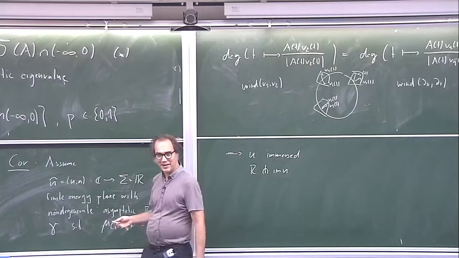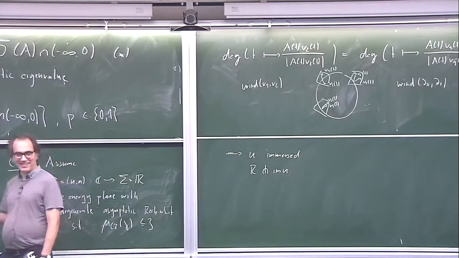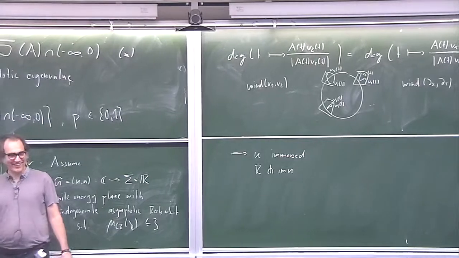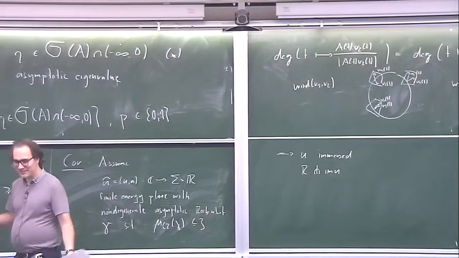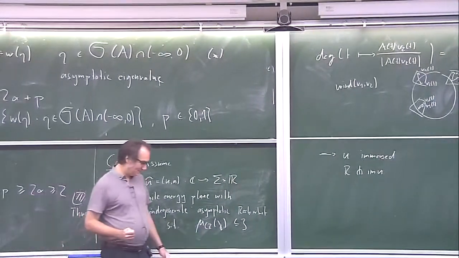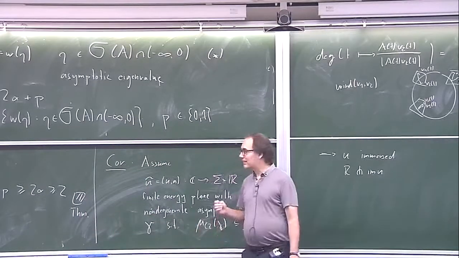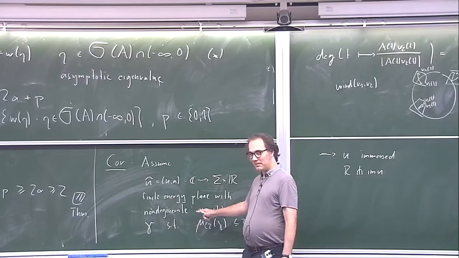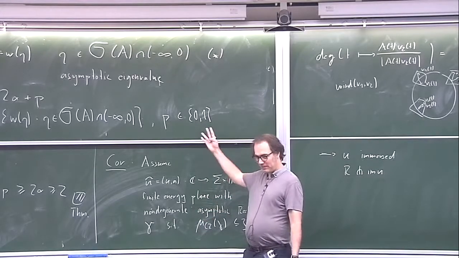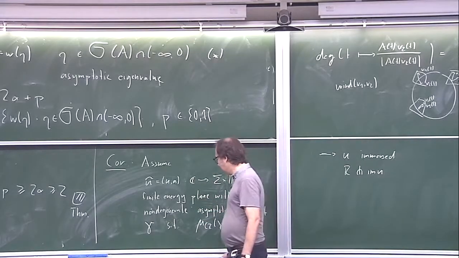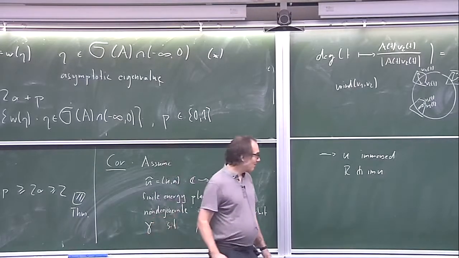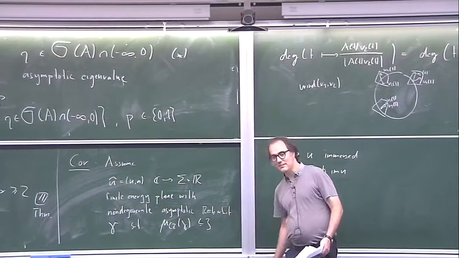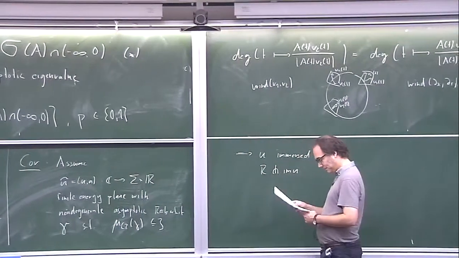For example, in the only explicit example I gave you, for the standard sphere in C2, there it was not non-degenerate, but it was Morse-Bott. And so you also have this asymptotic behavior. But yeah, there are very degenerate situations where this can fail.